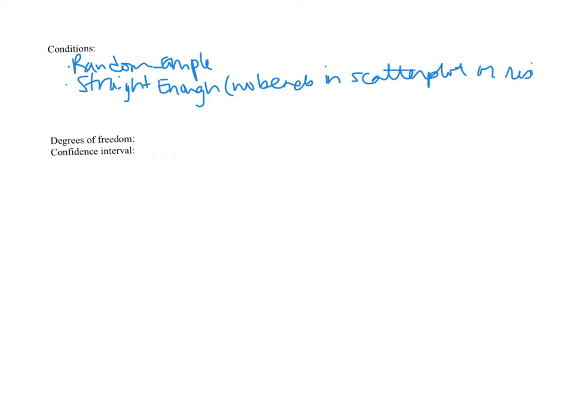The first condition, other than the random sample, is the straight enough condition. In other words, there are no bends in either the scatter plot or the residuals. The second condition is that there is no change in spread on either the plot or the residuals.